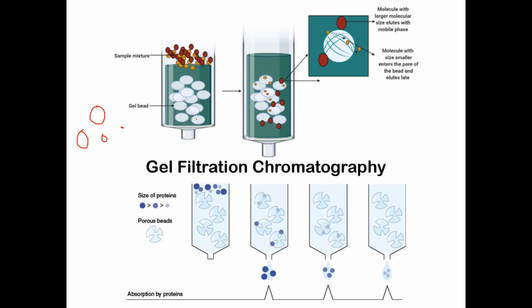So the basic principle behind gel filtration chromatography is that we have a column in which we add our gel beads suspended in a buffer, and then we load the sample mixture which consists of different proteins of different molecular weights. Now this sample passes through the column and it gets separated. How?